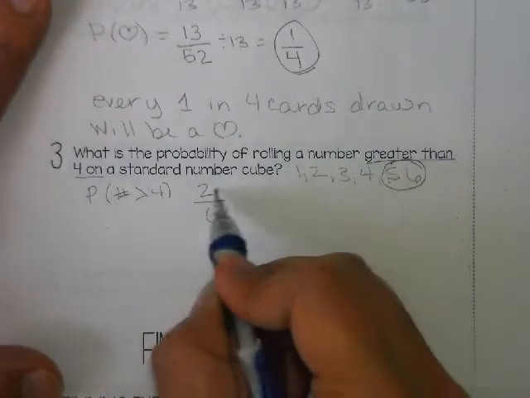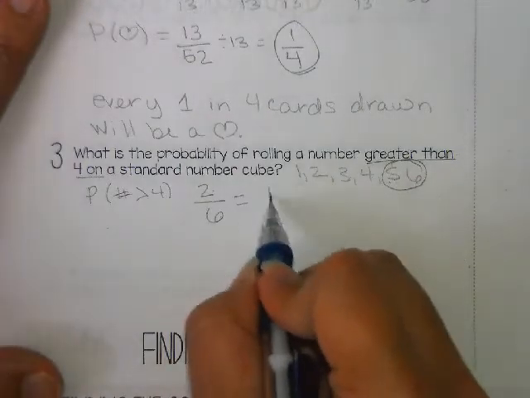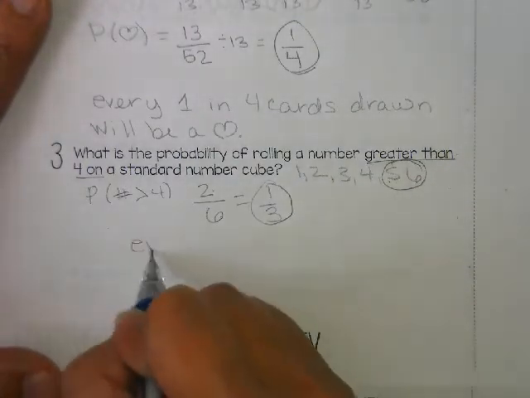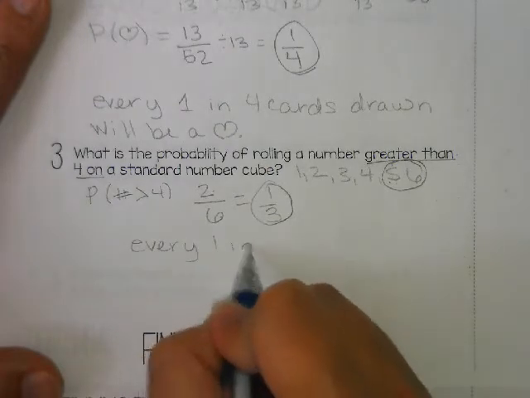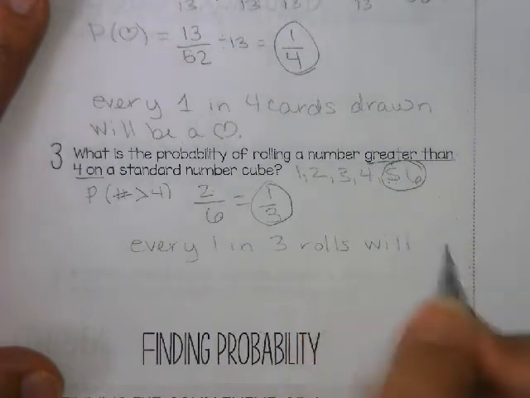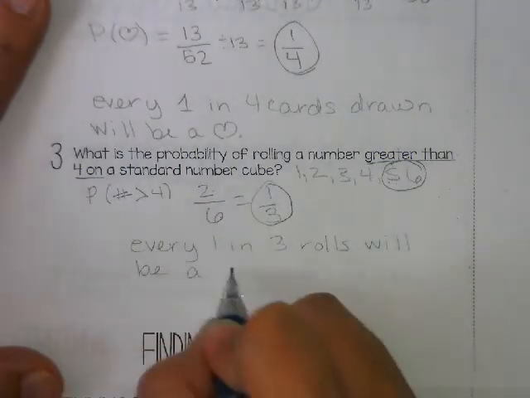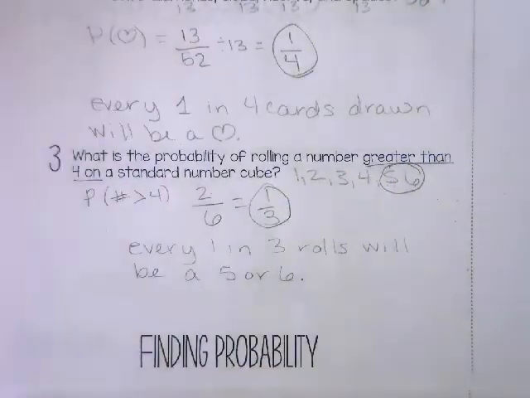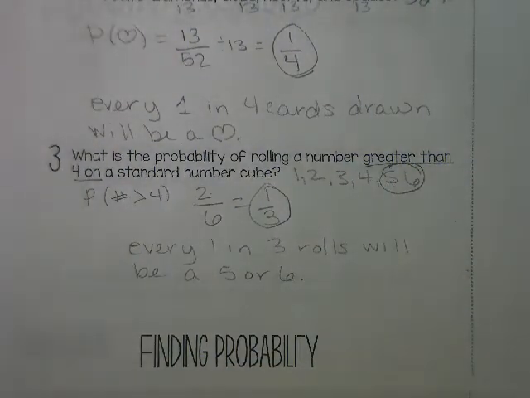This simplifies to 1/3. So that means that every 1 in 3 rolls will be a 5 or a 6. Okay, so that is how we find probability.